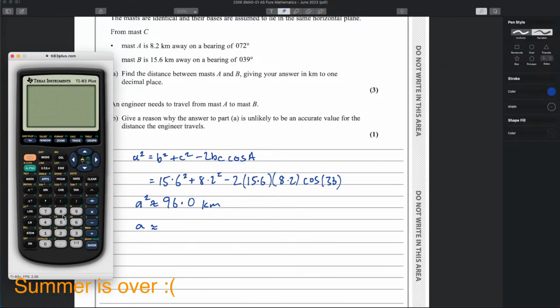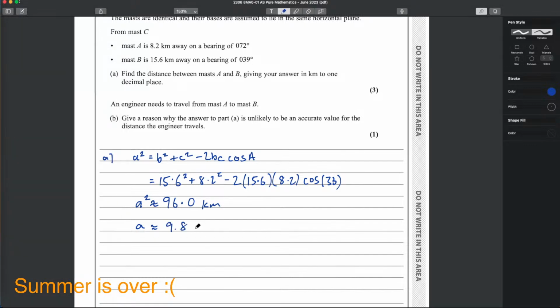Oh no, I wanted that answer. Can I still get the answer, I wonder? Hopefully. Yes, I can still get the answer. 9.7997. So this will round up to 9.8. 9.8 kilometers. The square gets me every time.